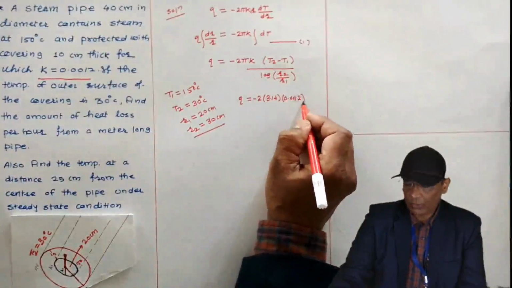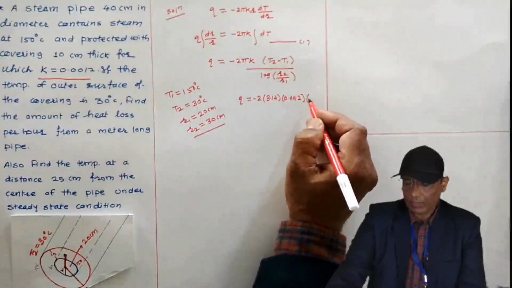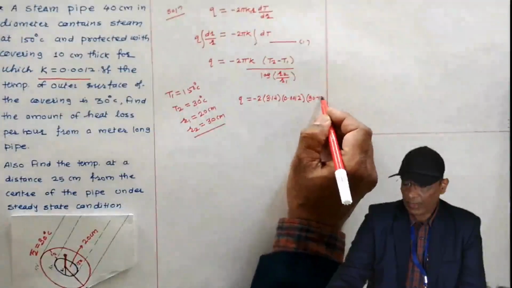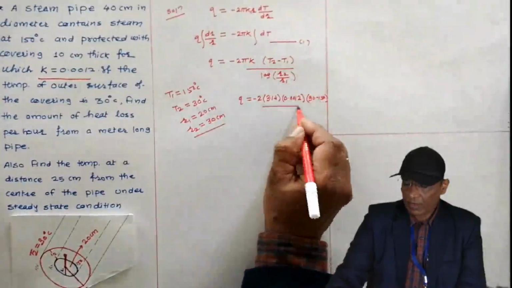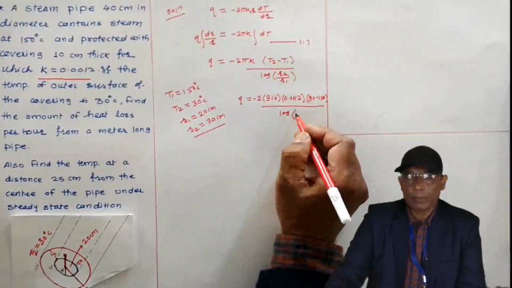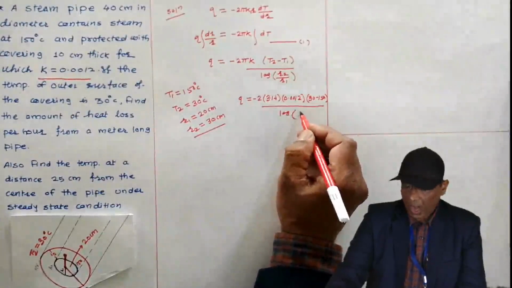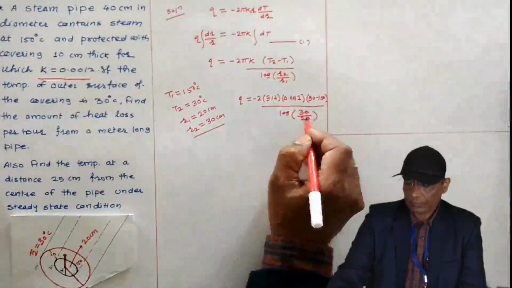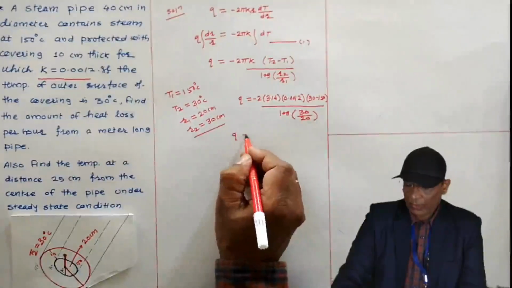T2 minus T1: T2 is 30, minus 150. This divided by log of R2 by R1. What is R2? R2 is 30 and R1 is 20.